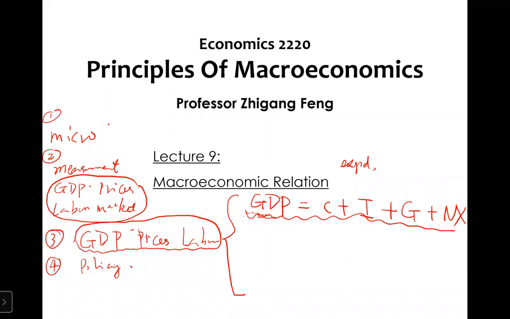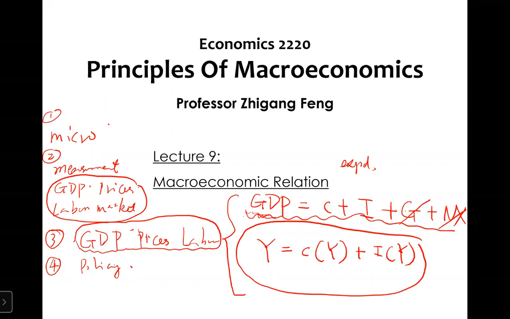But interestingly, the way we do that is, let me rewrite this equation, and then hopefully you understand what's going on. I'm going to write Y, which stands for GDP, equal to C, where C is a function of Y, plus I as a function of Y. And for now, we ignore G and NX. So we start with this equation.